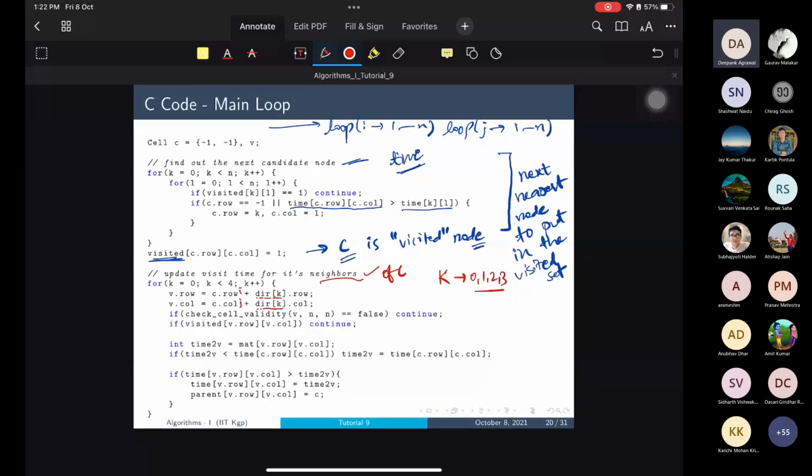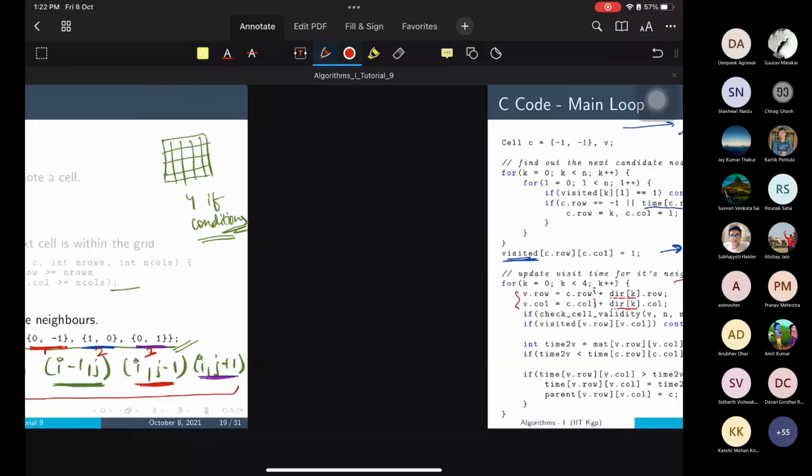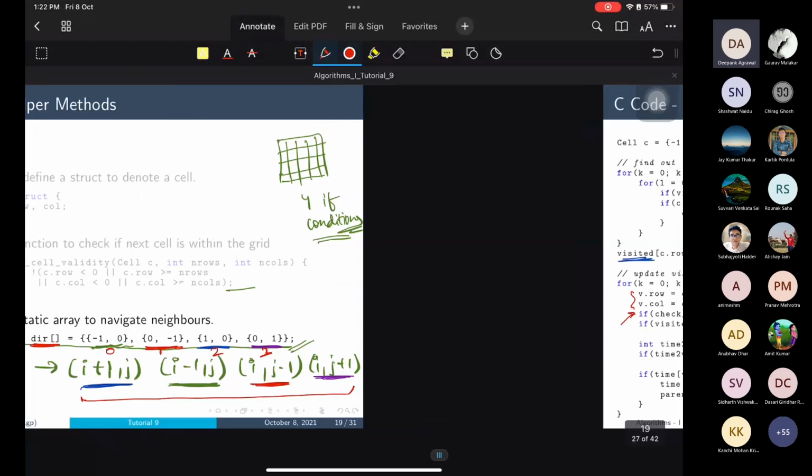So we can easily see that V.row and V.col will be one of these, right? Yes, sir. Then we have to check for the validity whether the cell is inside the grid or not.